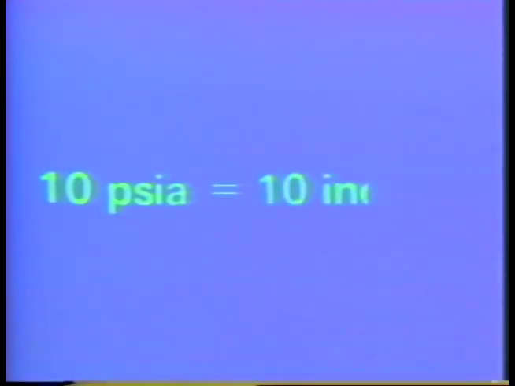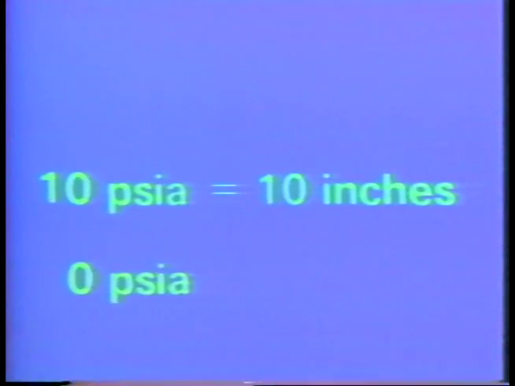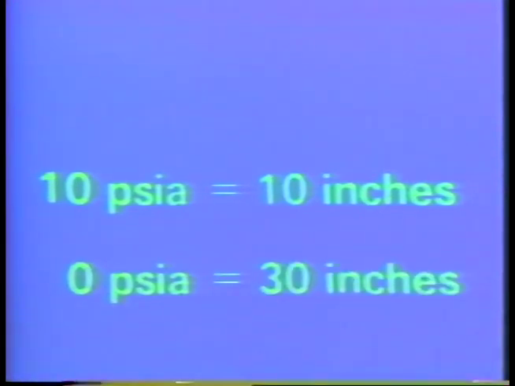At a pressure in the condenser of 10 psia and an atmospheric pressure of 14.7 psia, the mercury column would be about 10 inches high. And if it were possible to reach 0 psia, the column would rise to 30 inches. You may have noticed that a scale measuring inches of mercury vacuum works in the opposite direction as a scale that measures inches of mercury absolute.